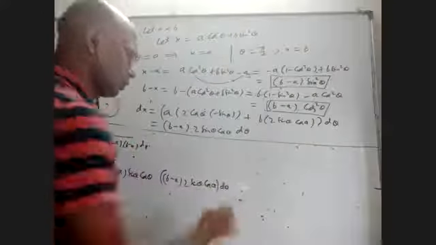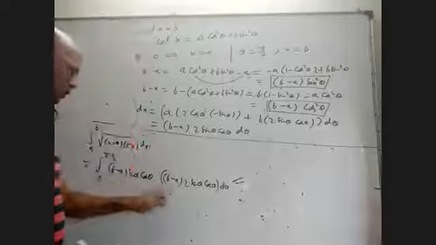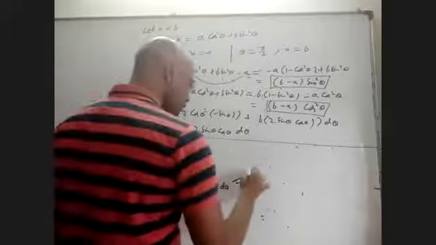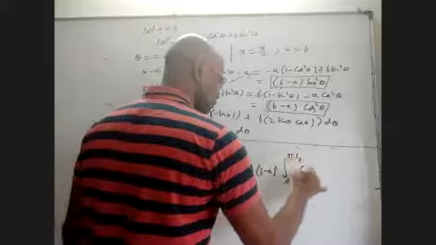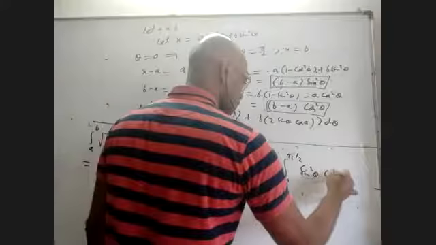Okay, that b minus a, 2 into b minus a whole square integral 0 to pi by 2 sin square theta cos square theta d theta.